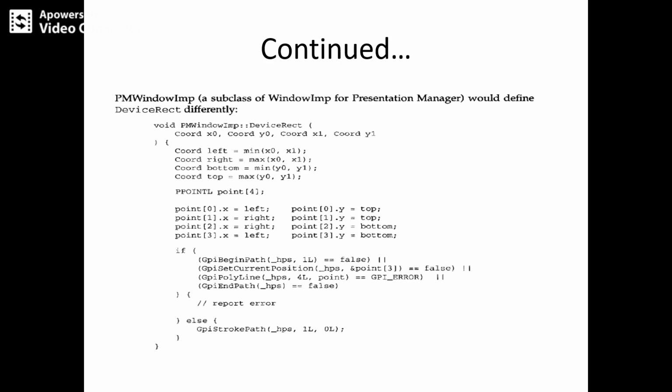This is why it is different from the X version: PM, Presentation Manager, doesn't have an operation for drawing a rectangle explicitly as X does. Instead, PM has a more general interface for specifying vertical and multi-segment shapes called a path. So we have taken the HPS path for outlining or filling the enclosed area.